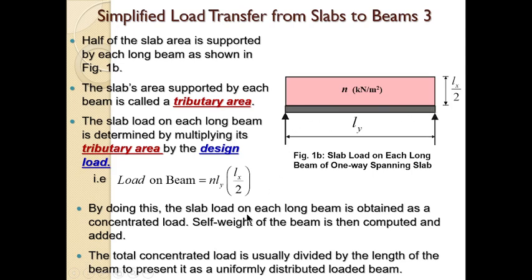So when you add the weight of the beam plus the weight from the slab, you have the total concentrated load carried by the beam. Now the total concentrated load is usually divided by the length of the beam to present it as a uniformly distributed loaded beam. So when you do that, the concentrated load will become a uniformly distributed load, that is a UDL.